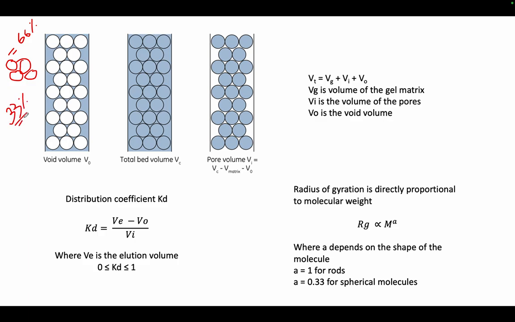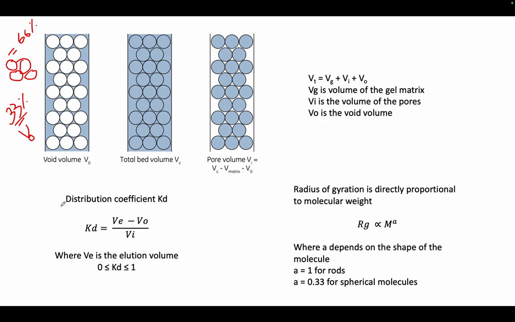And this 33% is the void volume. So if I have a column volume of 24 ml, that means that 8 ml will be the void volume of that column. And this is true for both pre-packed columns and columns that you pack yourself in the lab.